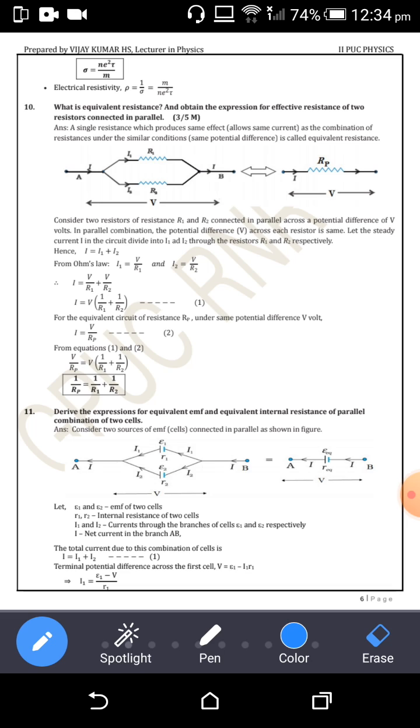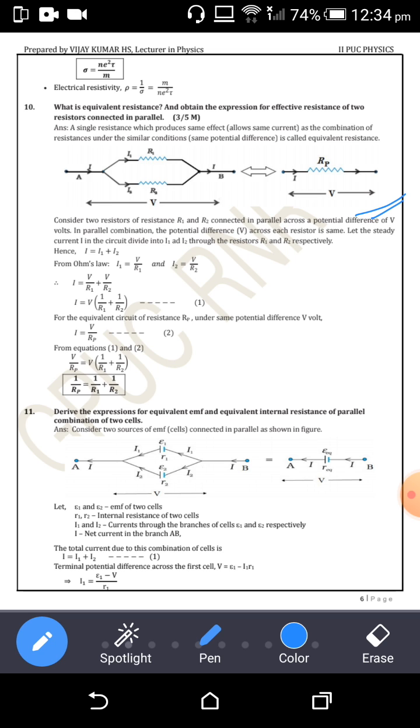You can see the two resistances connected one below the other in the parallel combination. If the two resistors are replaced by a single resistor which does the same effect as both the resistors, that itself is called the equivalent resistor, which you can see in the second figure here, R subscript P.